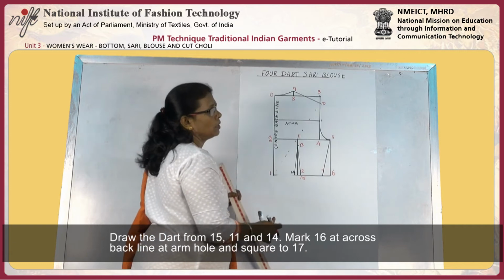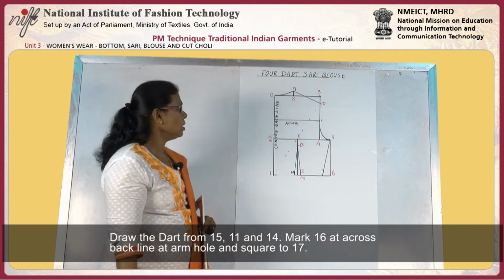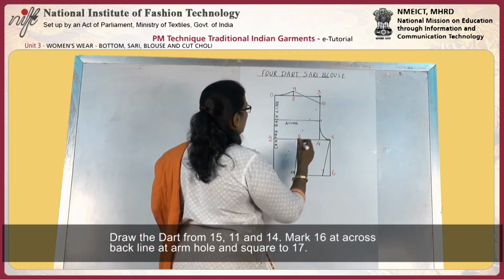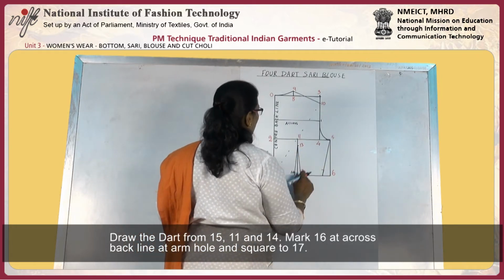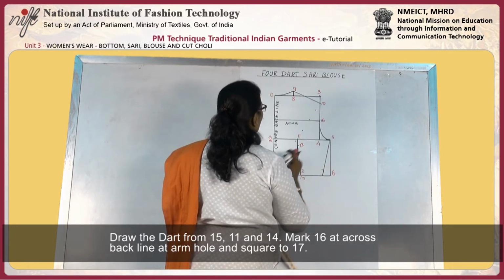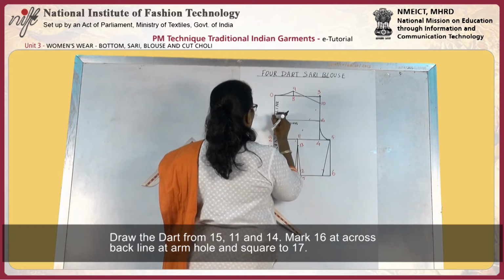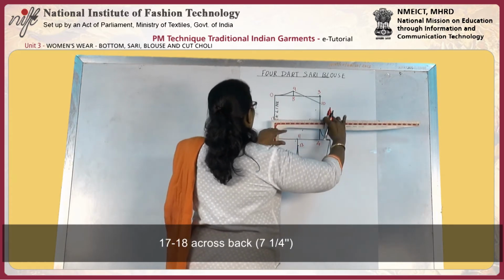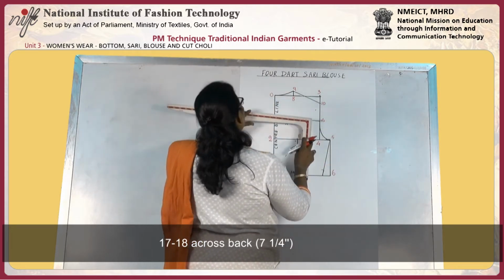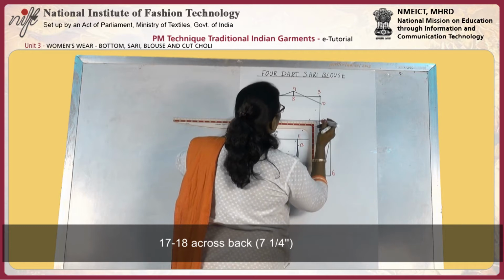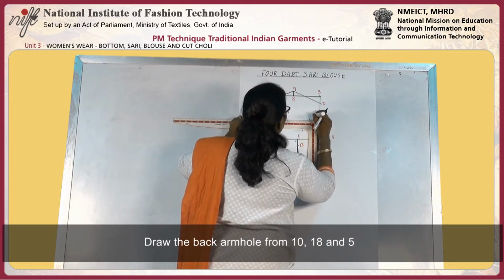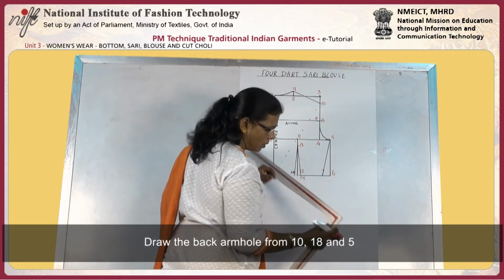Now we should mark the armhole. The mid of this is 16, and 16 is squared to 17, and 17 to 18 is the across back measurement 7 1/4. And draw the armhole.